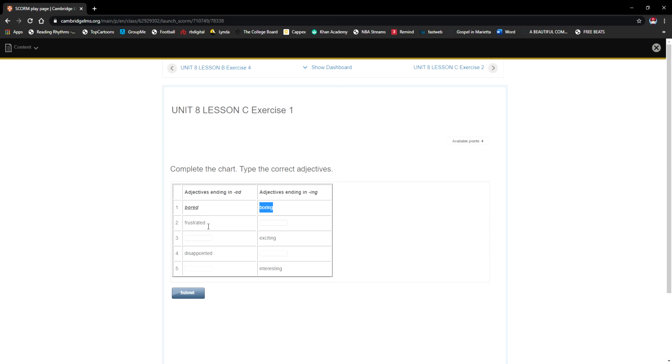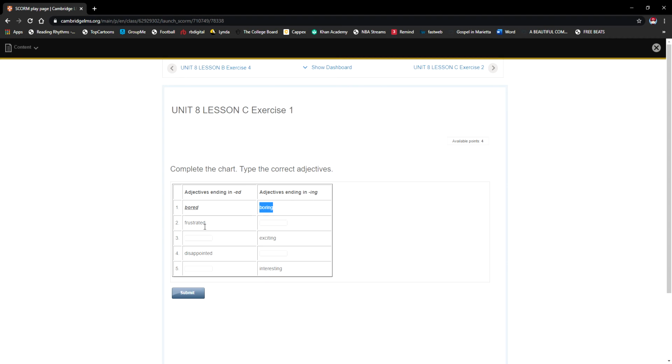basically what you have to do is just, let's do number 2. Let's do number 2, and see if I can make this clear for you. Number 2, frustrated. Frustrated. Okay, it ends with ed. So you need to find the type of word that ends with ing, right?